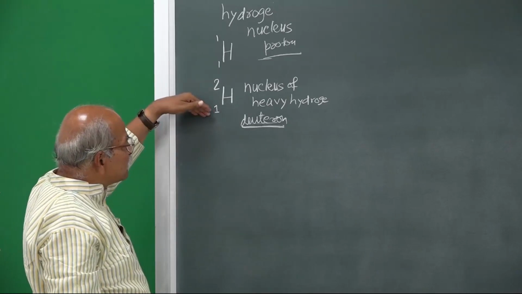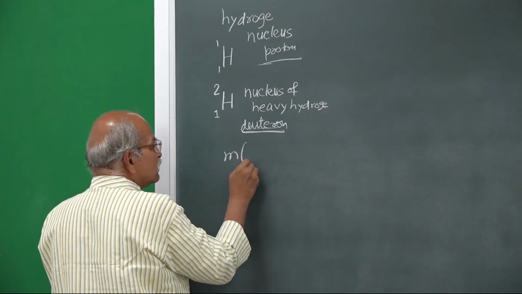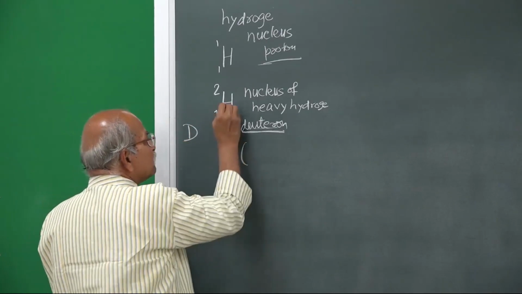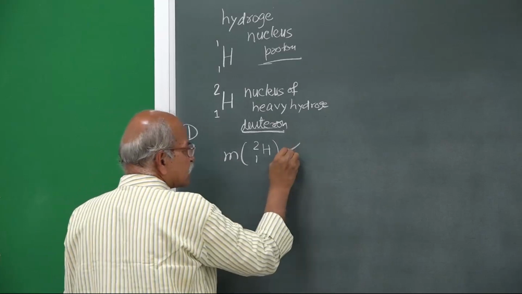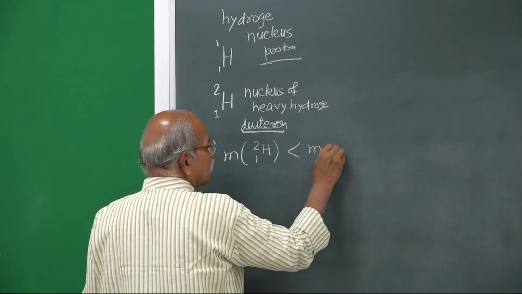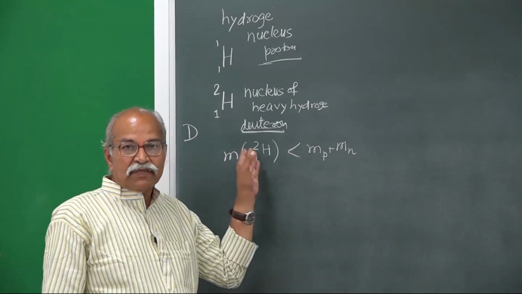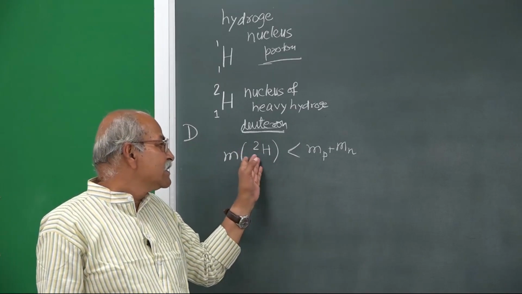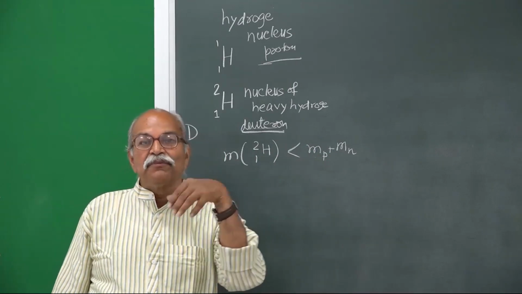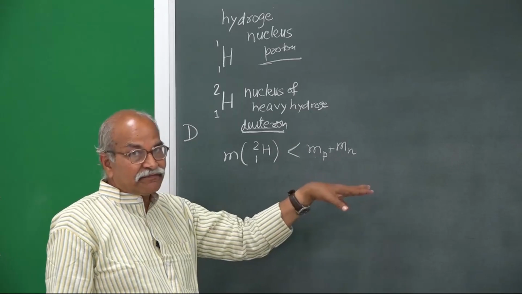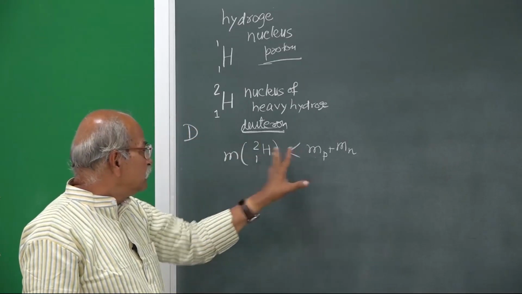In the deuteron you have 1 proton and 1 neutron, but the mass of this deuteron, which we also write as D, is less than the mass of proton plus the mass of neutron. It contains 1 neutron and 1 proton, but still its mass is less than the sum of the masses of these two, and the difference is about 2.2 mega electron volt divided by c square. Mass is energy divided by c square. So, that is how things work.